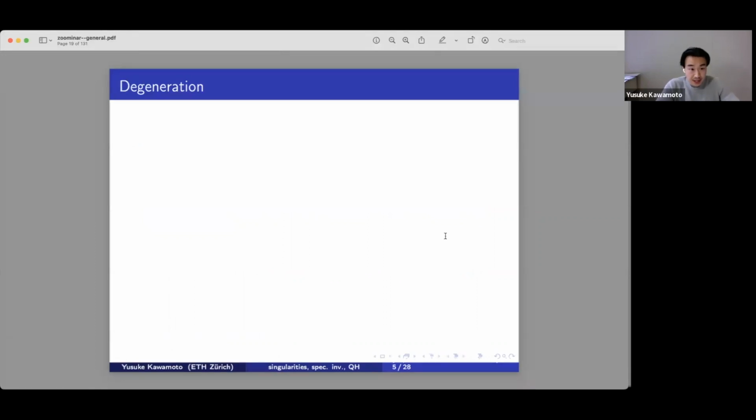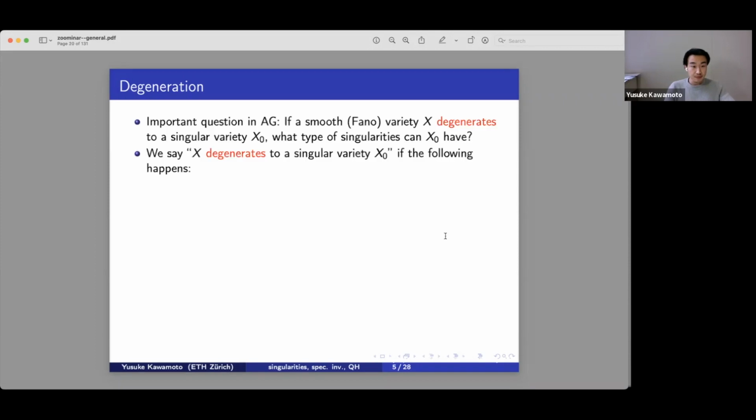Okay, so the second topic is degeneration. In algebraic geometry, an extremely important question is the following. If you're given a smooth Fano variety, you want to understand what kind of singular variety it can degenerate to.